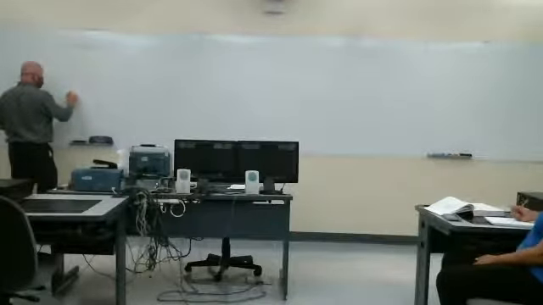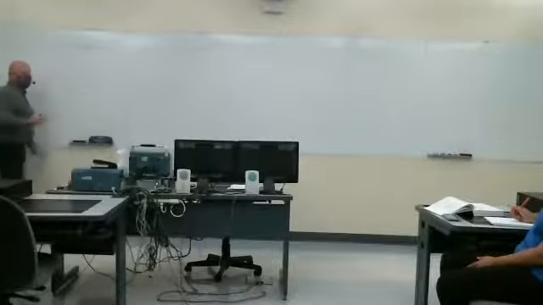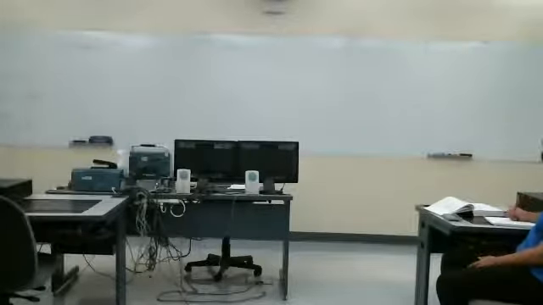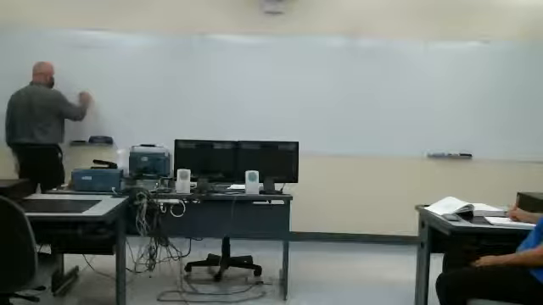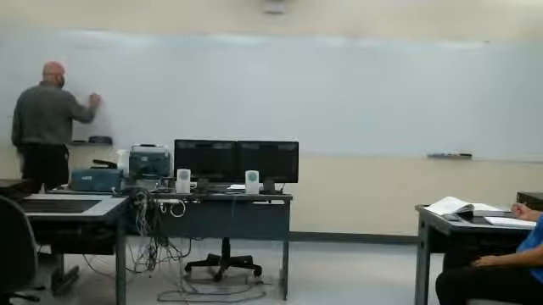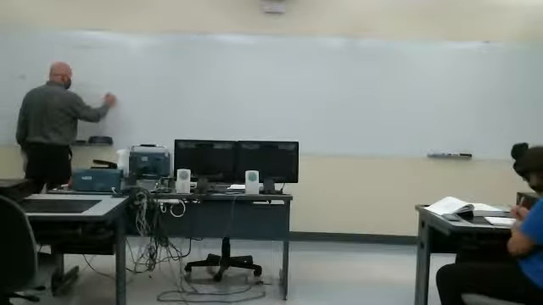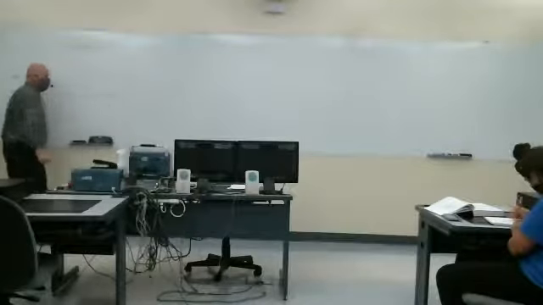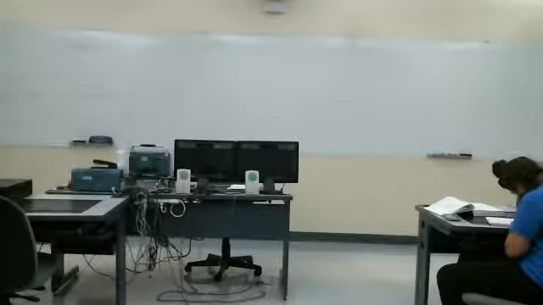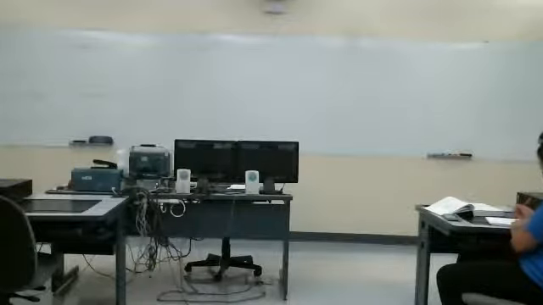In other words, we spent some time writing signals as a sum of simpler signals. In this case, we could write this as 2u of t minus 2u of t minus 2. Everyone agree with that? That's just twice a unit step minus a delayed unit step.